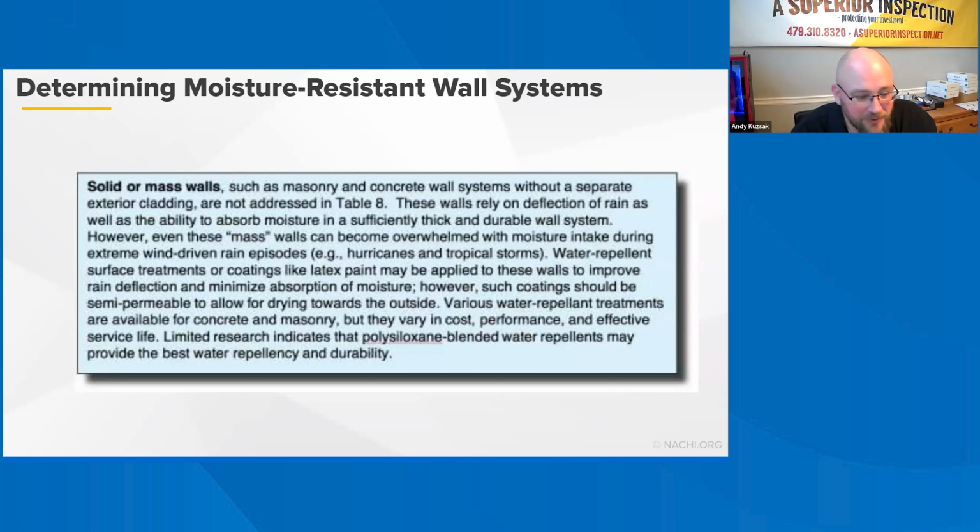You could also go a step further and, especially if it was recently applied, put something in the report stating, recommend asking the seller for the product that was applied, and then your client or the buyer can use that information to figure out if it was the correct material or not.